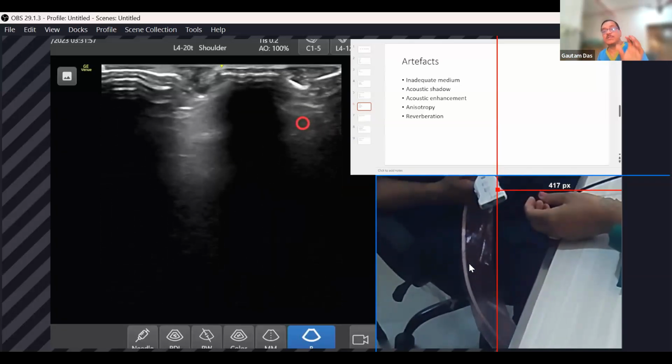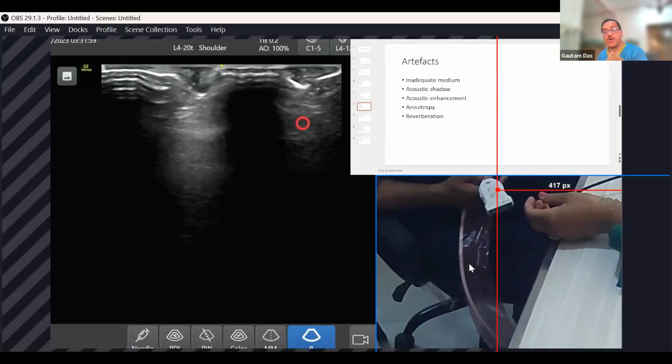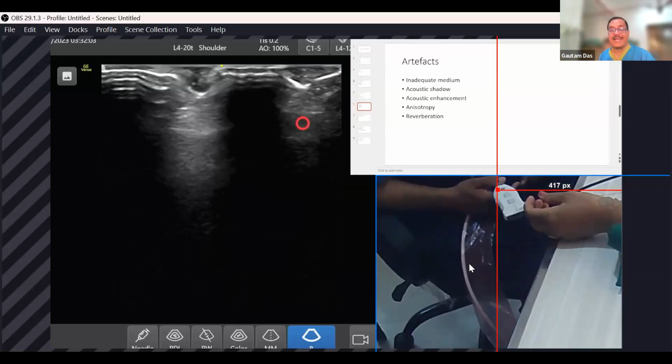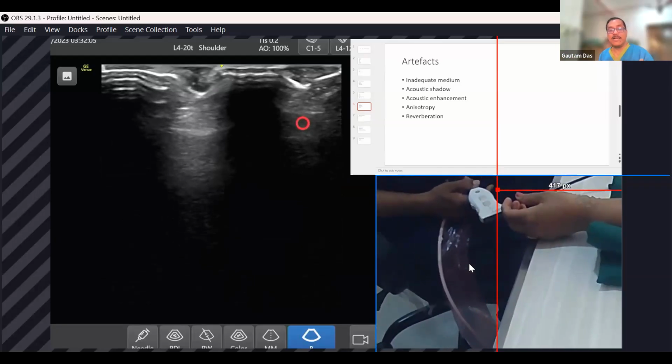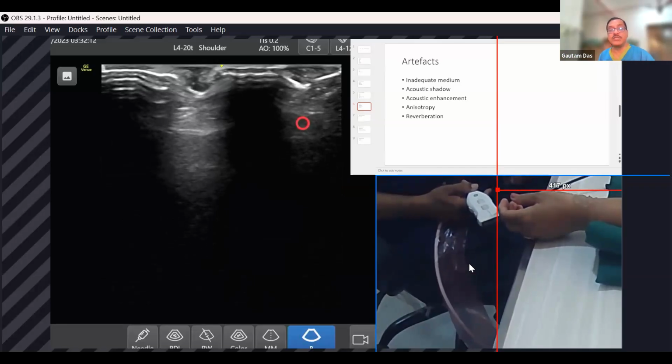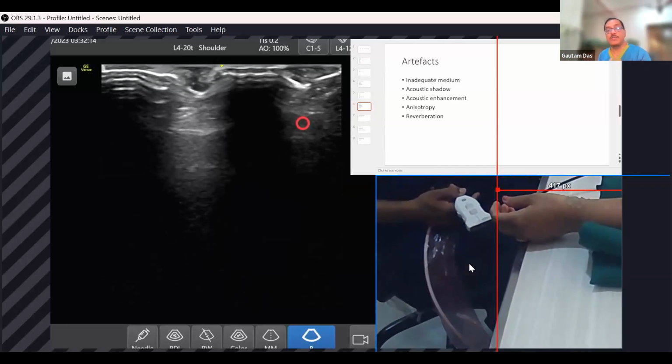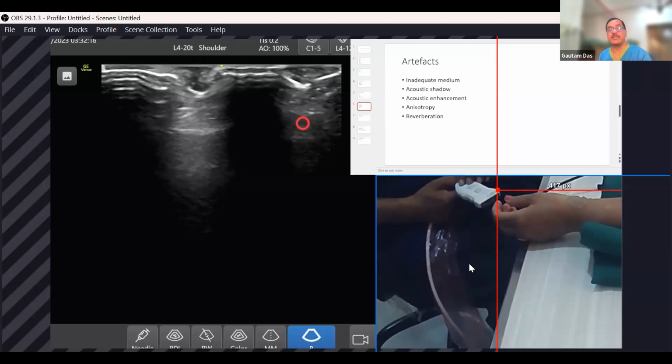So you have to put a lot of jelly, particularly when the surface is small or uneven. Suppose you are going to examine the ankle, the medial malleolus, lateral malleolus, there is a depression. Unless you fill that depression with adequate jelly, you will not be able to see it. So put a good amount of gel before examining.